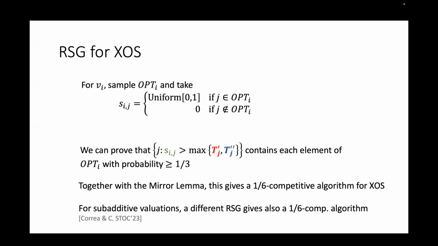We can show that this set, the one that we're guaranteed to get by the middle lemma, contains every element of I with probability at least 1/3. Why is that? Because the score is a uniform 0/1, and the threshold is the maximum over the scores, but since we are using the optimal allocation, each item is given away only once.